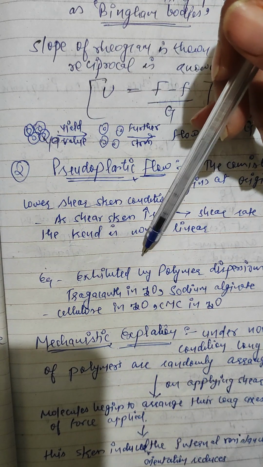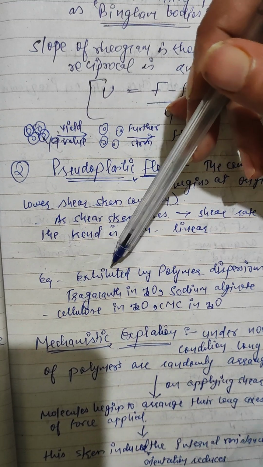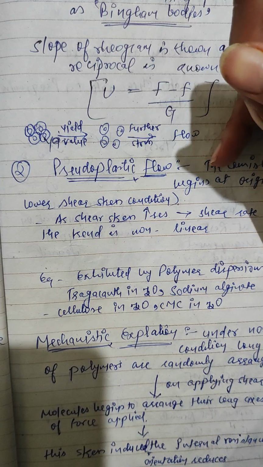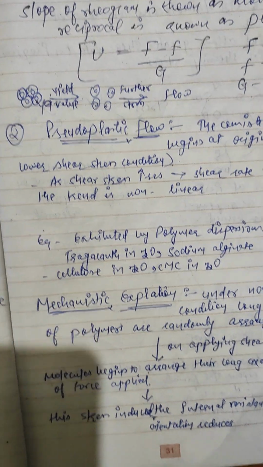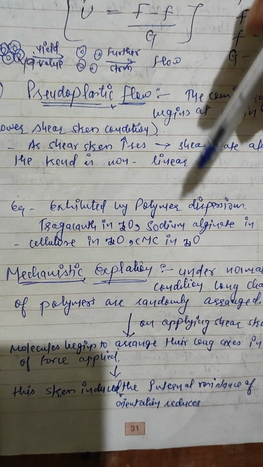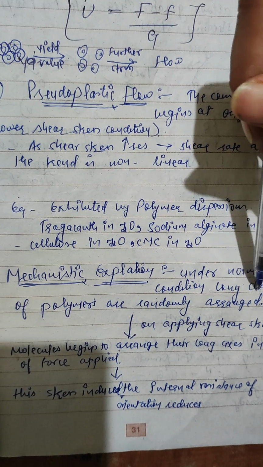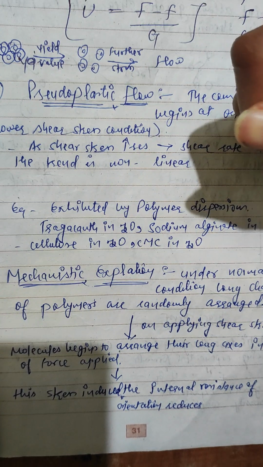And the examples of fluids which show pseudoplastic flow are polymer dispersions: tragacanth in water, sodium alginate in water, methyl cellulose in water, CMC in water, right? So I will tell you the explanation once again. Under normal storage condition, long chain molecules of polymers are randomly arranged in dispersion.